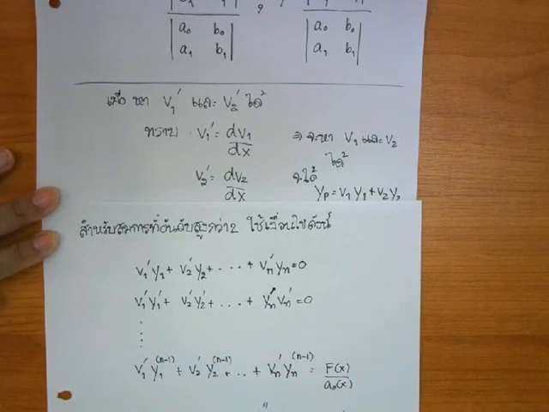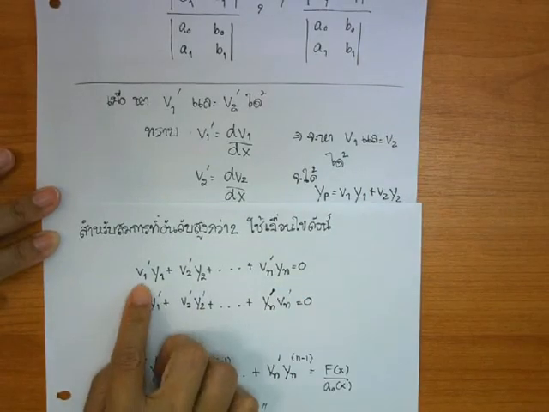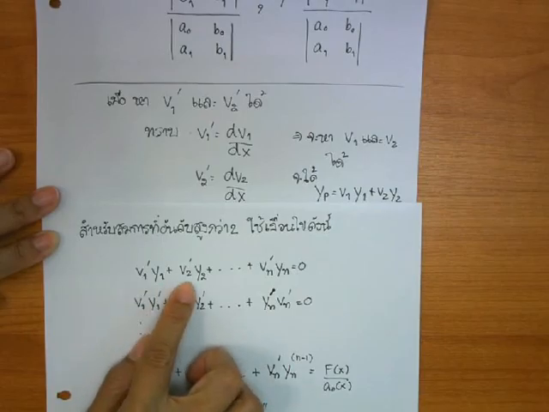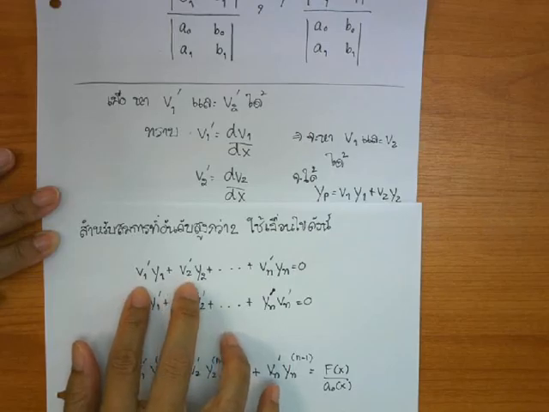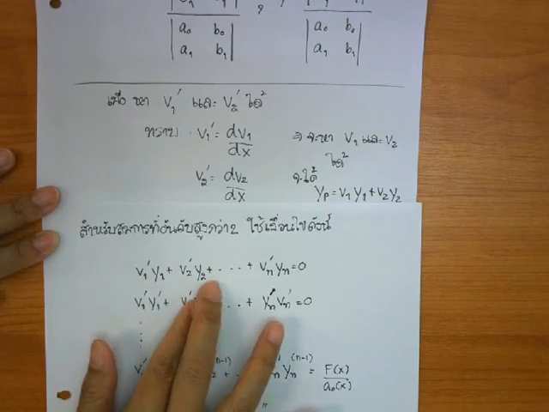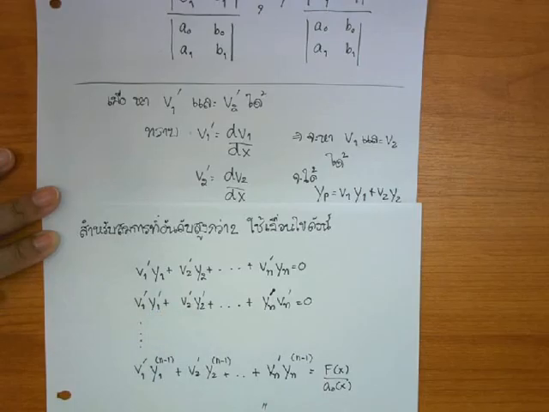And the way that it goes, every equation has the first derivative of v1, the first derivative of v2. If it is a second order differential equation, you have v1 and v2. But if you have a third order differential equation, you would have v3. Every equation, v1, v2, v3 is going to be in the form of the first derivative.